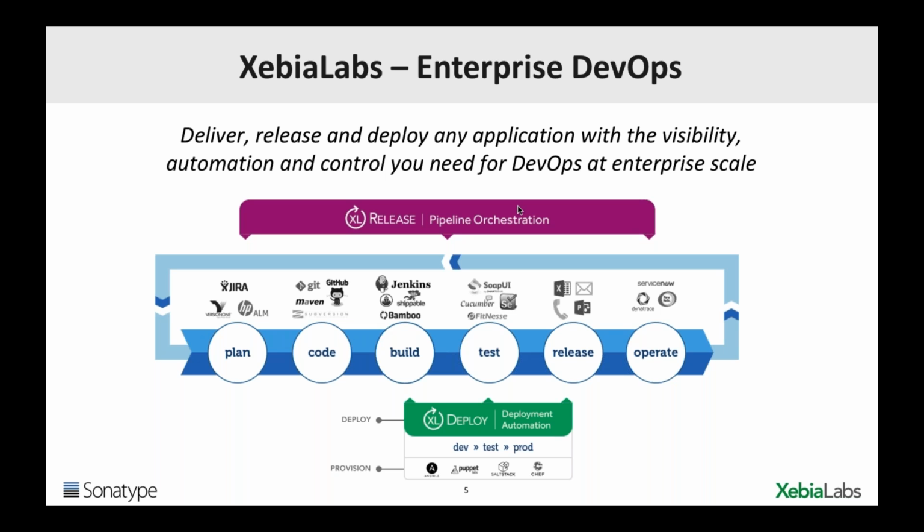And we do that by orchestrating across many of the tools used today. So CI tools, repository tools, testing tools, and service management tooling, right up to the operation end where we integrate with monitoring tooling. And that's XL Release.